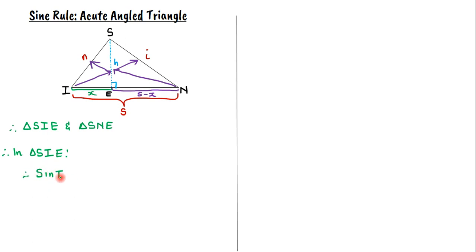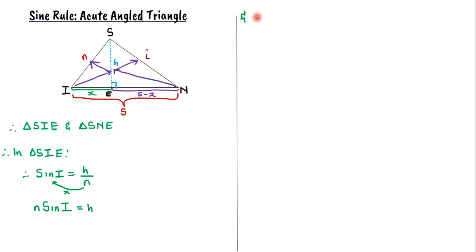I see here that sine I will be opposite, which is h, over hypotenuse, which is n. And then again we cross multiply, which gives you n sine I equals h.